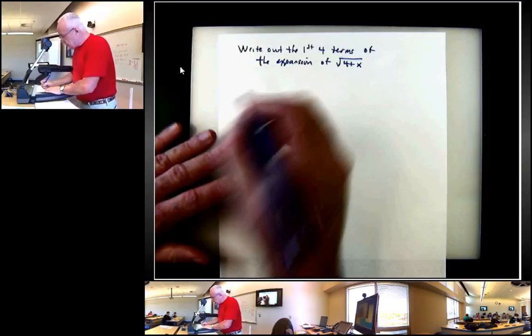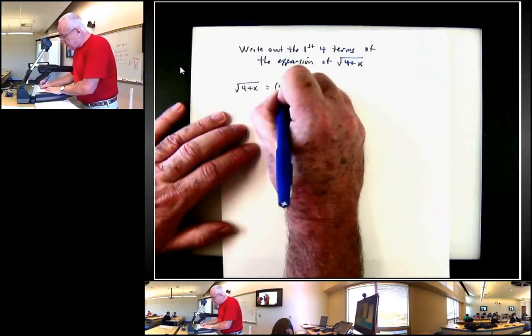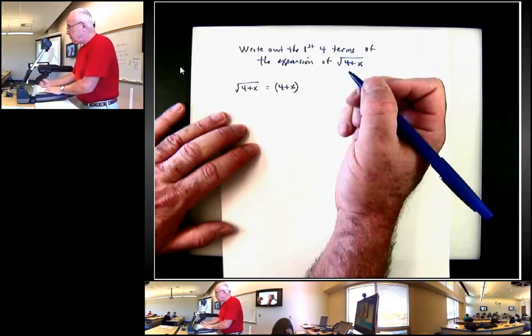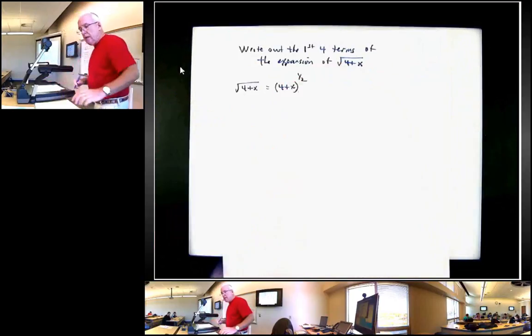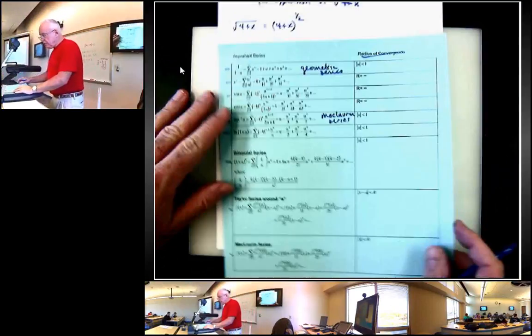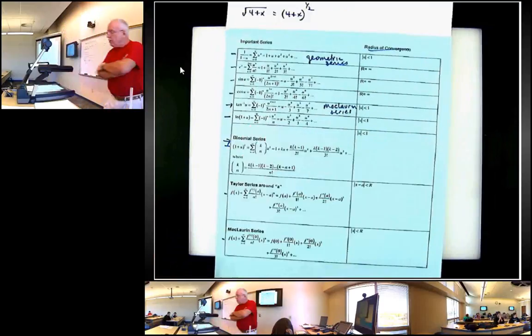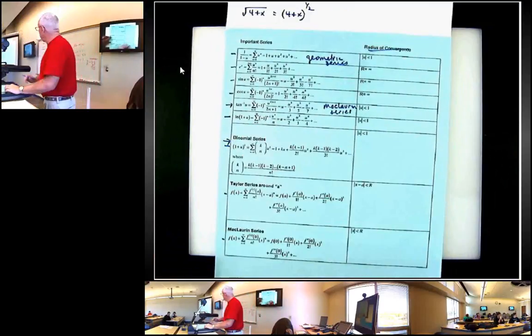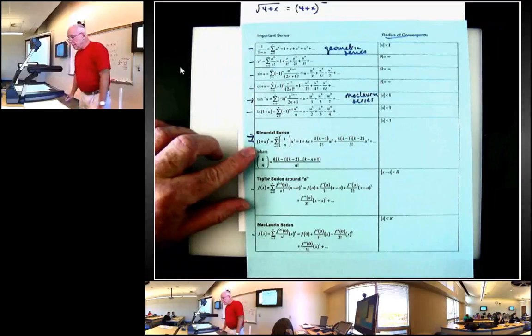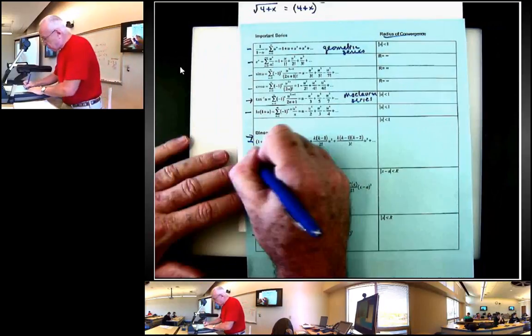So let's look at this. The square root of 4 plus x, for starters, is 4 plus x raised to what power? The 1/2 power, okay? Now let's look at this binomial series formula that's on the sheet. Notice what we have in the parentheses is 1 plus, well, you could have x, you could have anything. It's 1 plus something in parentheses raised to a power. So that's the first thing I want to point out to you.